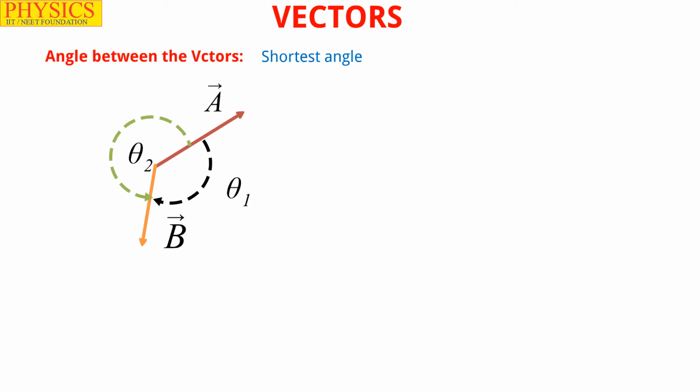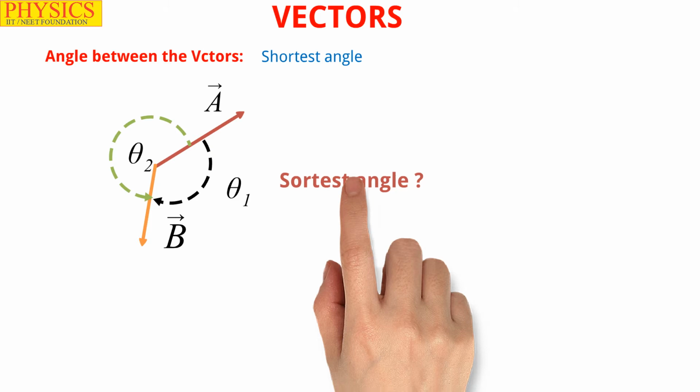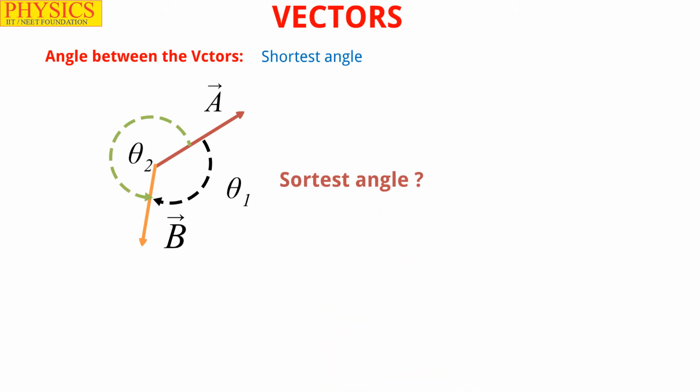In which direction should I rotate vector A towards vector B so that it rotates through the shortest angle? Is it clockwise or anti-clockwise?